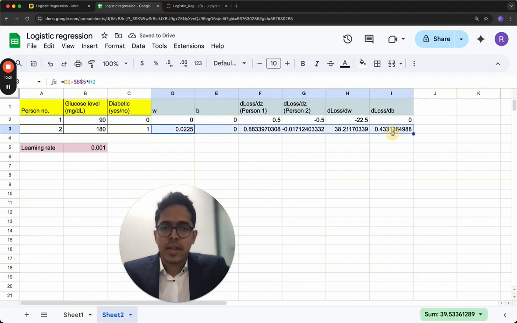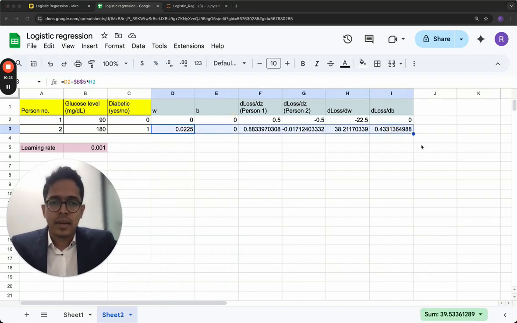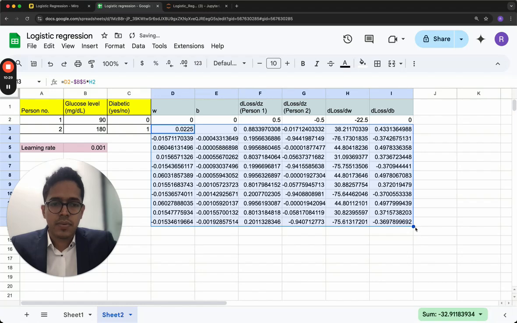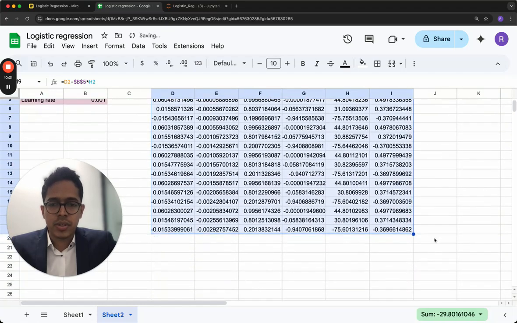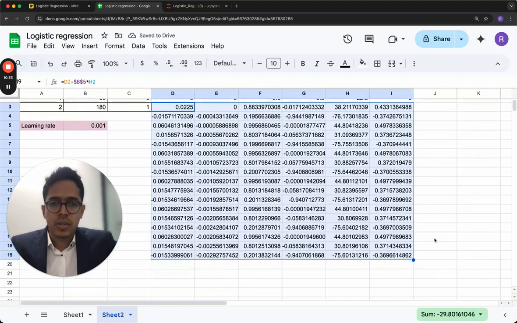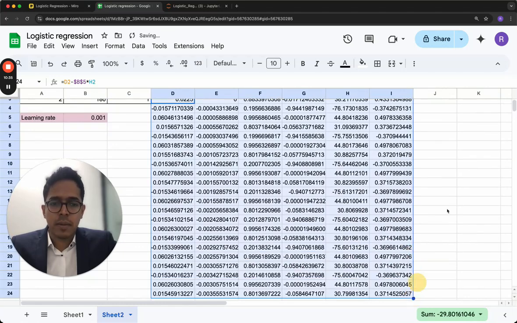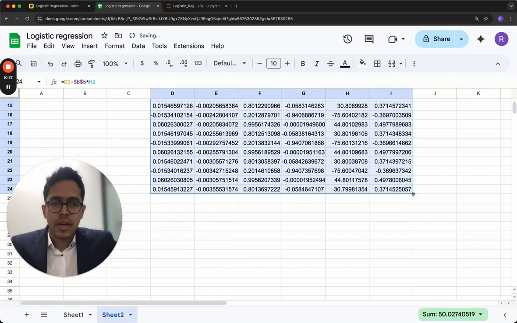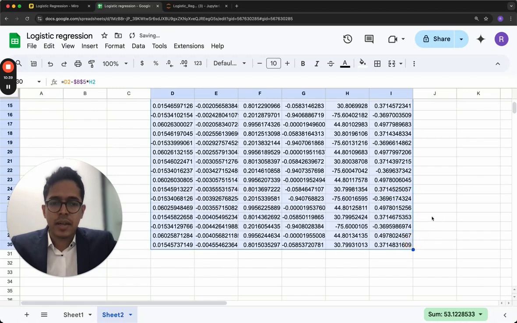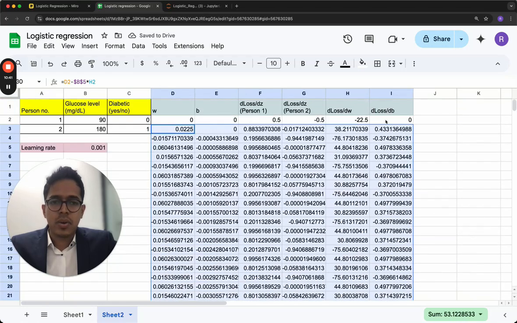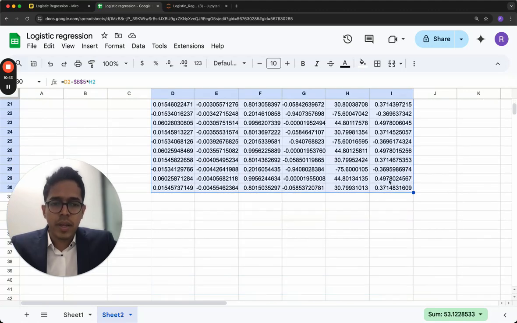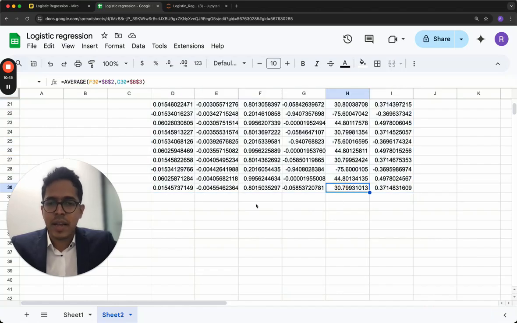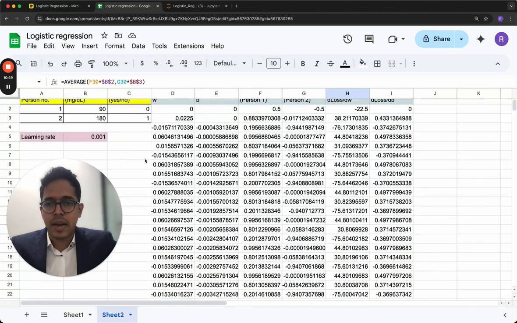Now all I need to do is click this and drag it down, and then we will see what is happening to the change in loss. Something is happening that dou loss by dou W and dou loss by dou B look like they are flipping, and the value seems to be kind of high, maybe because my learning rate is a little bit high.